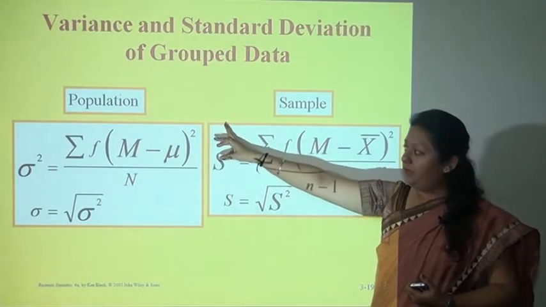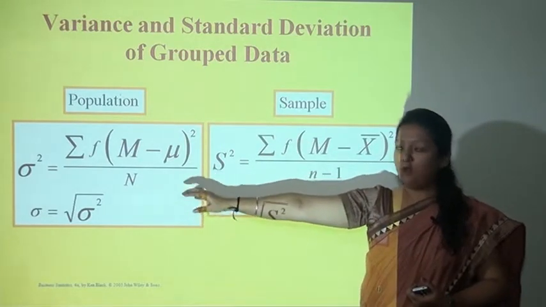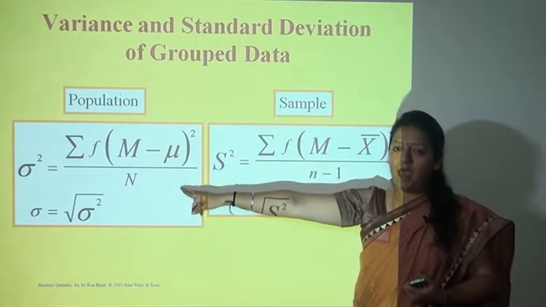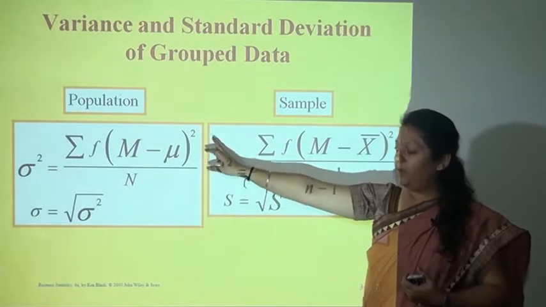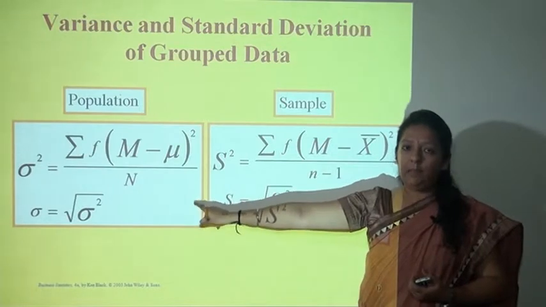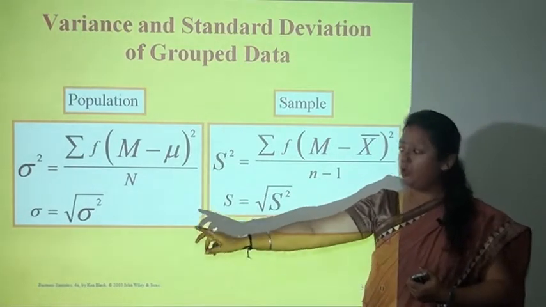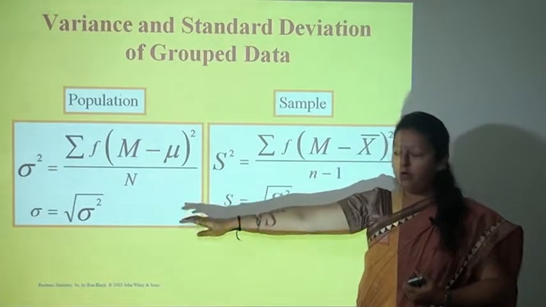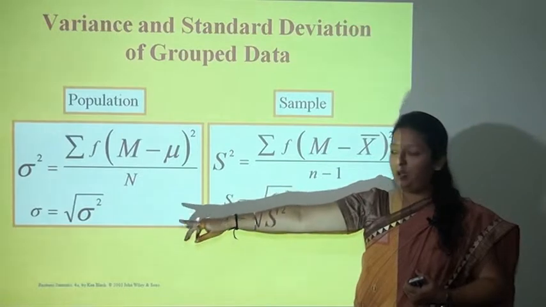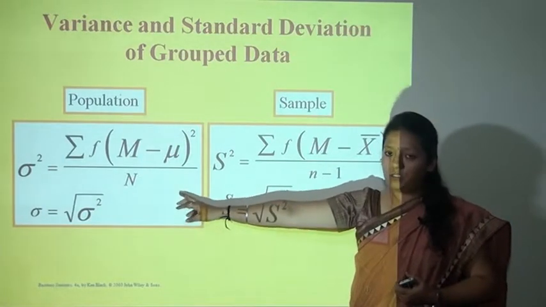For population variance, the formula is sigma square equals sigma f times (m minus mu) whole square, divided by capital N. The population standard deviation is found using sigma equals the square root of sigma square.